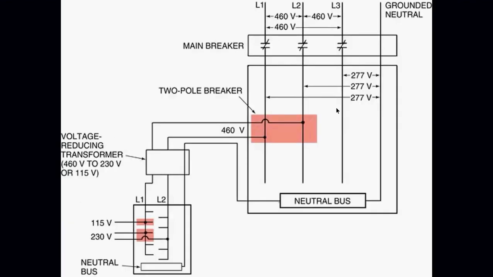Okay, when you're looking at a three-phase breaker panel, what we basically have is L1, L2, L3. Our main breaker has 3 poles on it. Any breaker that is using three-phase will have a power feed. It will actually attach to the 3 bus bars.